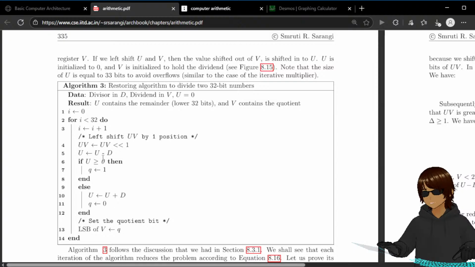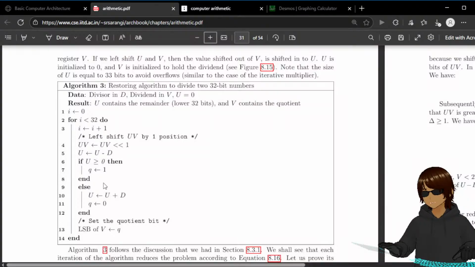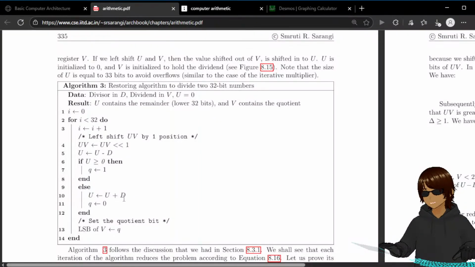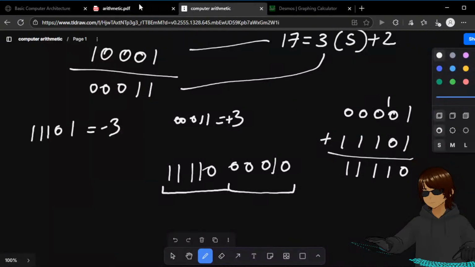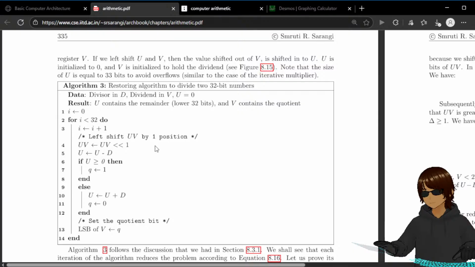Quotient bit. Well, if it is less than 0, then U is equal to U plus D. Wouldn't this just reverse what this is doing?